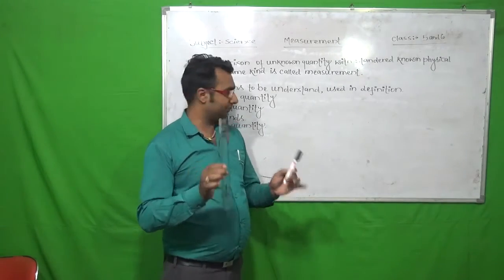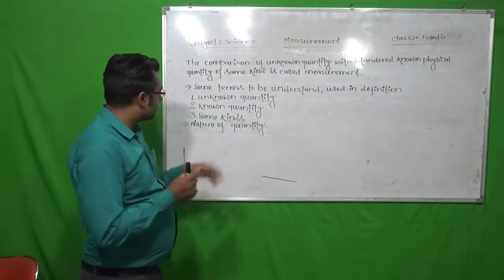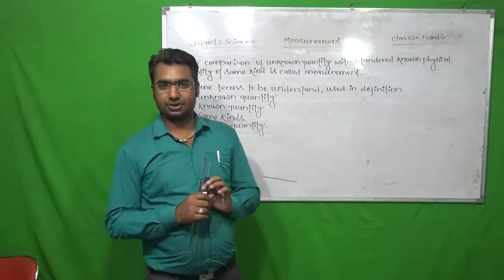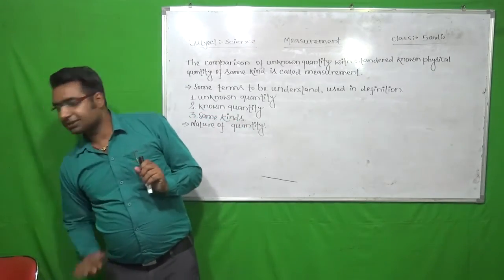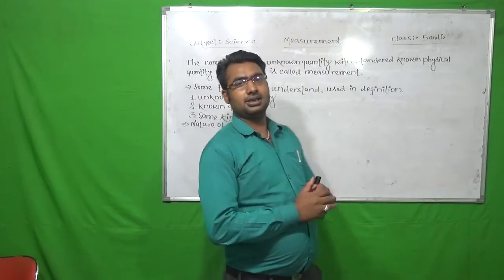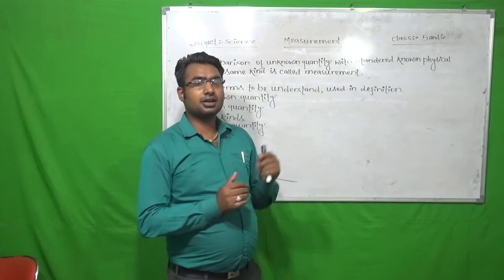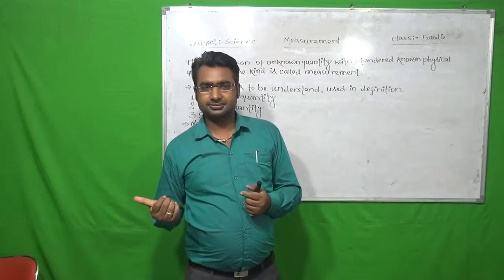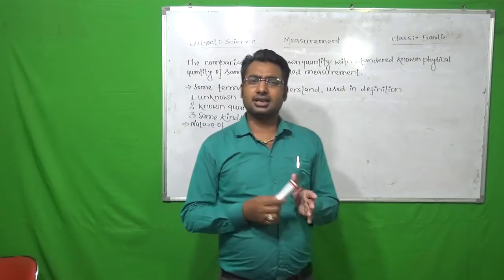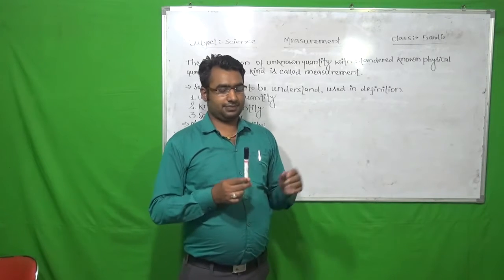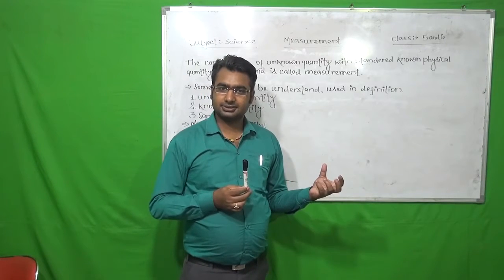Okay, and after that the third term which is used here, same kind. The same kind means, as we know, the mass of a potato cannot be measured by a ruler, just as the length of this marker cannot be measured by a thermometer.